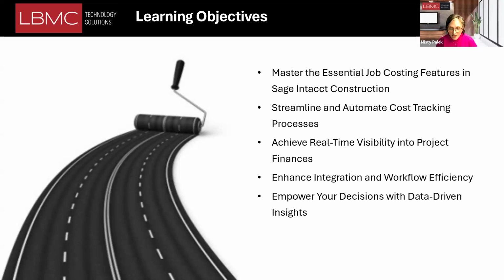Explore how real-time dashboards and reports provide up-to-date insights into job profitability and cost trends. Discover how Sage Intacct integrates with project management tools, one of my favorites, and accounting systems to enhance workflow efficiency, and learn how to leverage job costing data to improve forecasting, budgeting, and overall financial performance.